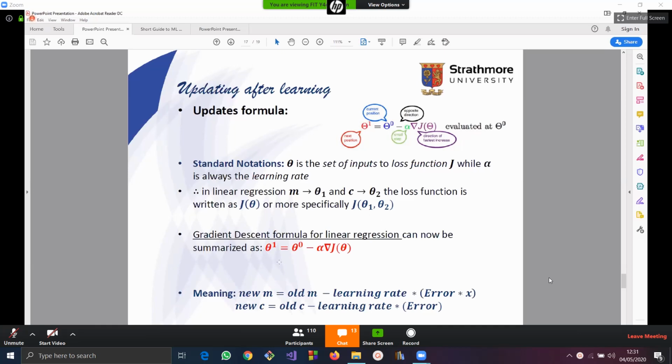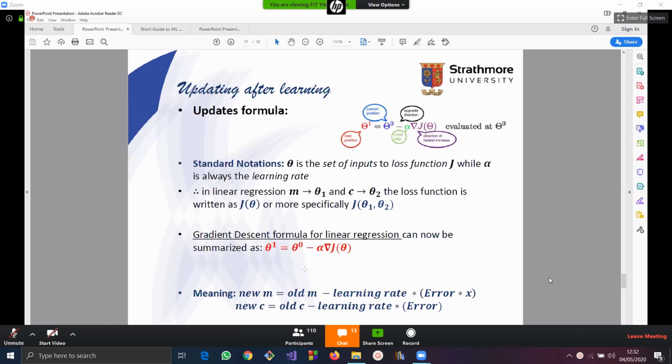So when the error is small, then we are going to update the new M. The old one we just write with theta 0 to say the old one. So if I'm updating M, I'll just have theta with a 1 down here and a 0 up here to say the old.